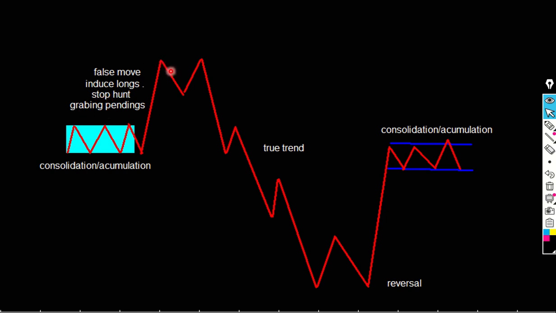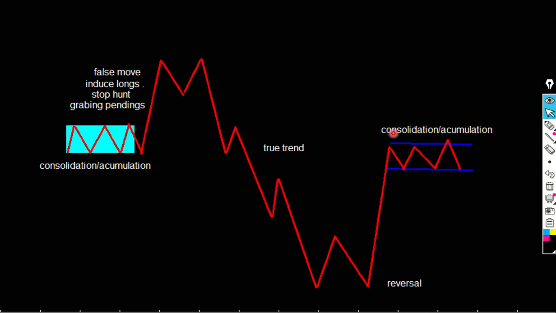Price will set the high and it will pull back, forming an M. The true trend, which is slow and steady, will start from here. It will go in 3 pushes, 1, 2, 3. The low of the day is set. There is a repeat of the low of the day during the New York session as price looks to go back into consolidation in here.